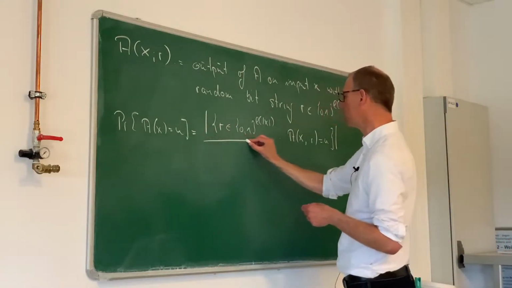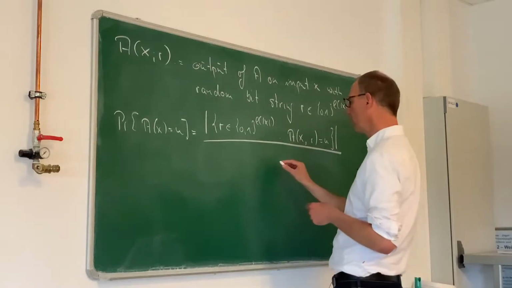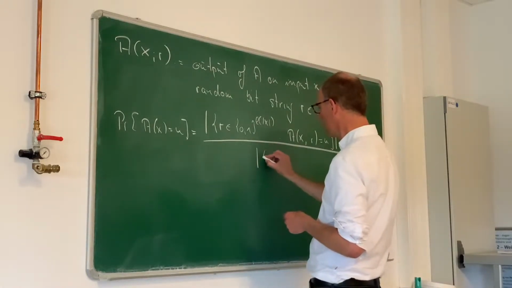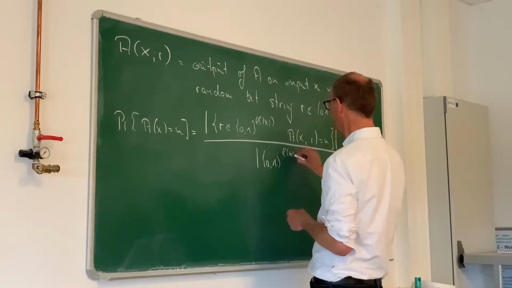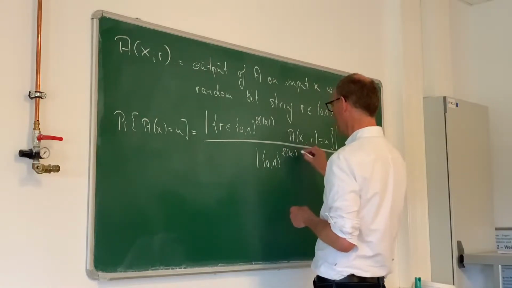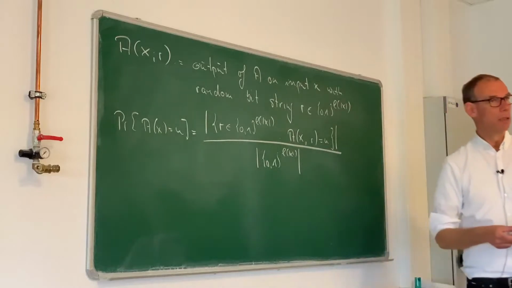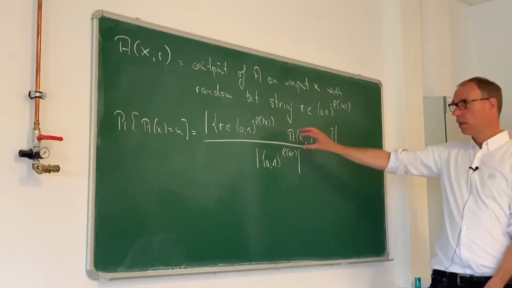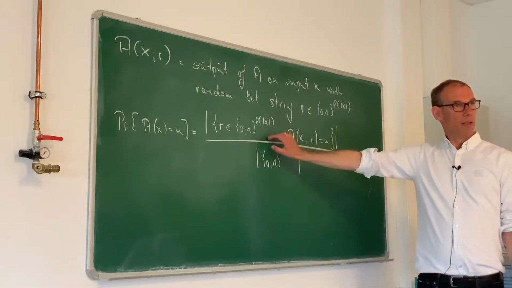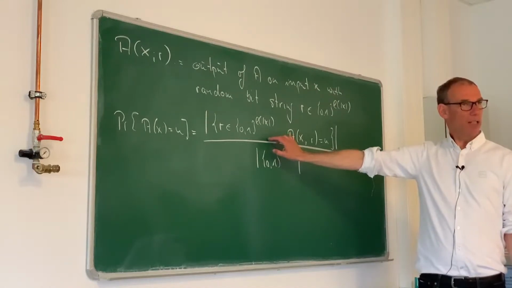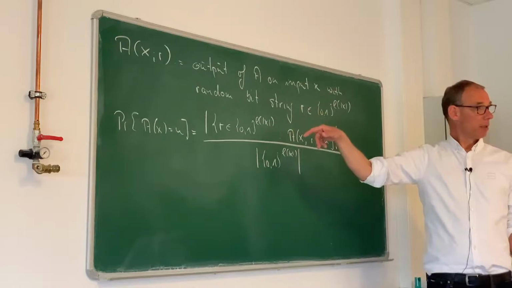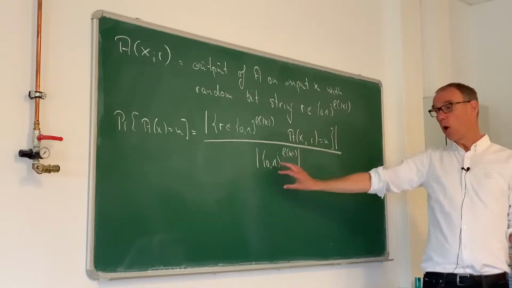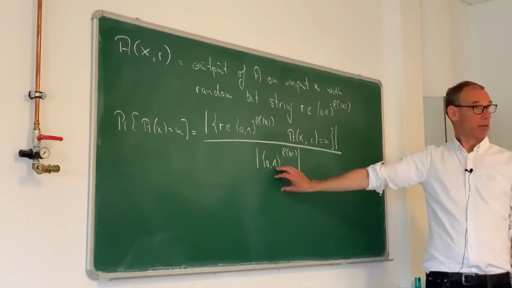Divided by this here, right? It's the number of R's that lead to this output U given X divided by all possible R's.